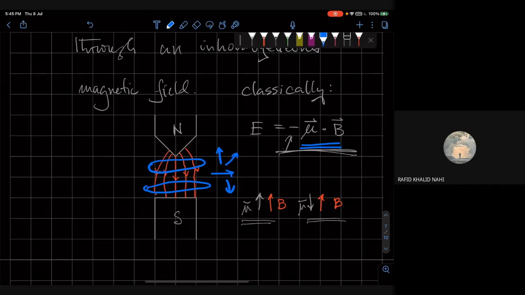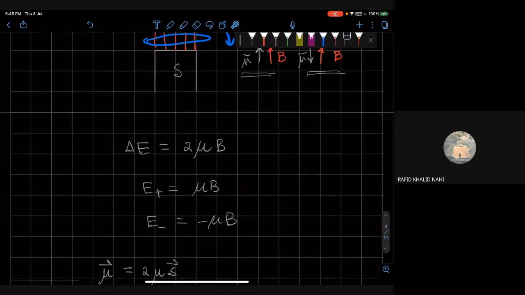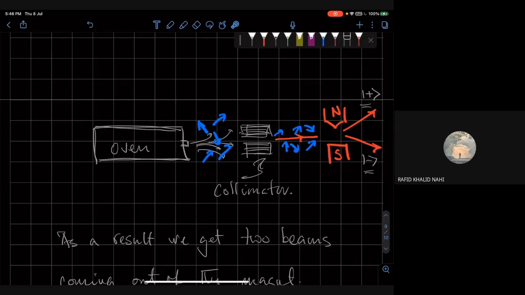The magnetic force on this one would be more than on this one, and this one will be more than this. So classically, the force that these magnetic moments will feel will be over a wide range, and therefore classically you should not get two beams, but you should get something more continuous.